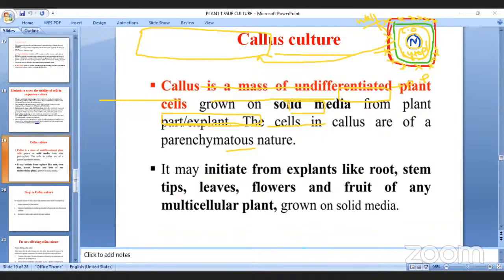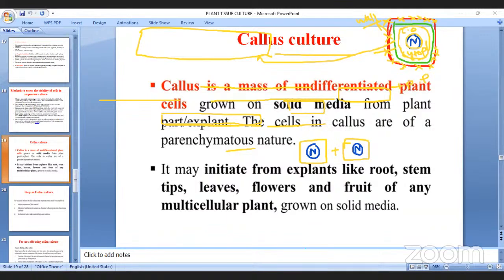For example, in somatic hybridization, this is a protoplast, with the nucleus present, plus another protoplast with its nucleus.